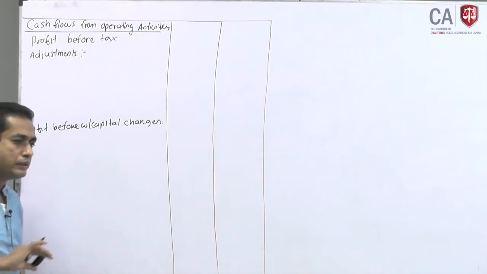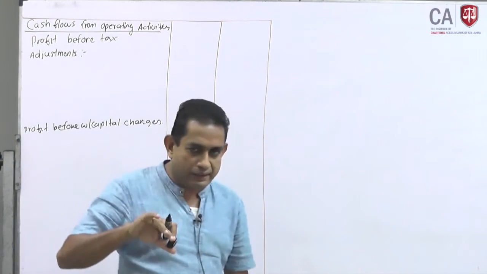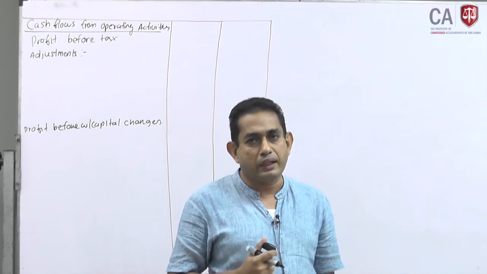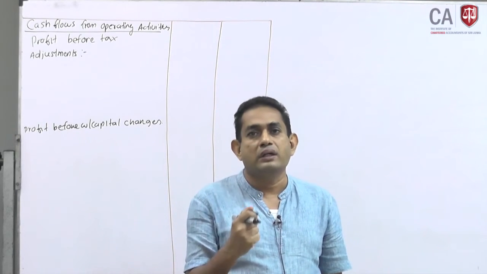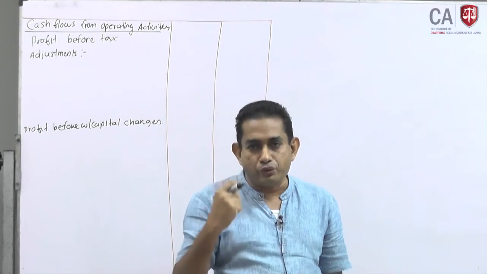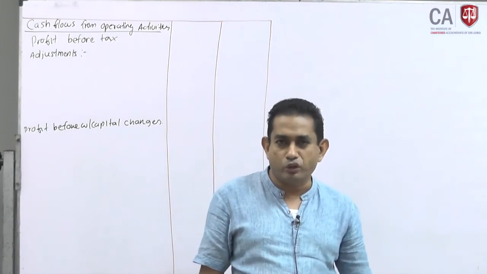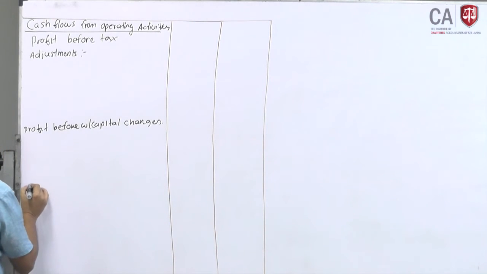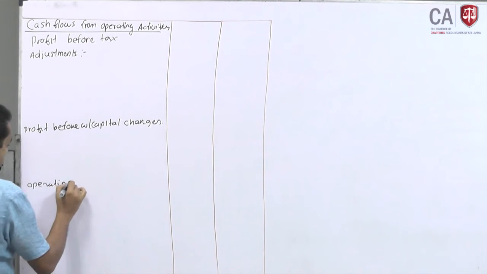Why are we doing that? We are eliminating the effects of old accrual transactions once again to further filter out the accrual profit and then to convert that into the cash profit. I hope it was clear. Then here we will get operating profit on cash basis.